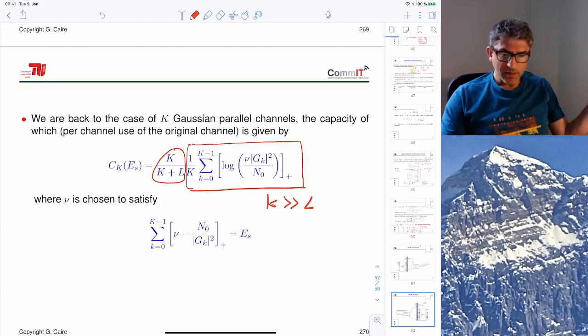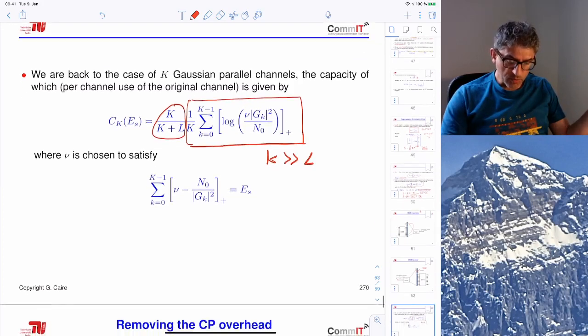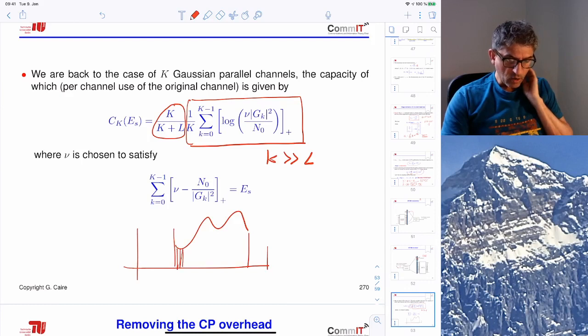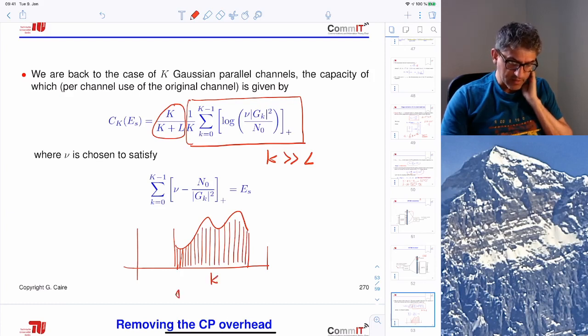which means our blocks must be much larger than the length of the impulse response, which means, in other words, that if you have here your spectrum and your channel transfer function, you need a lot of subcarriers, so you need a small intercarrier spacing in order to have K subcarriers in the same bandwidth.